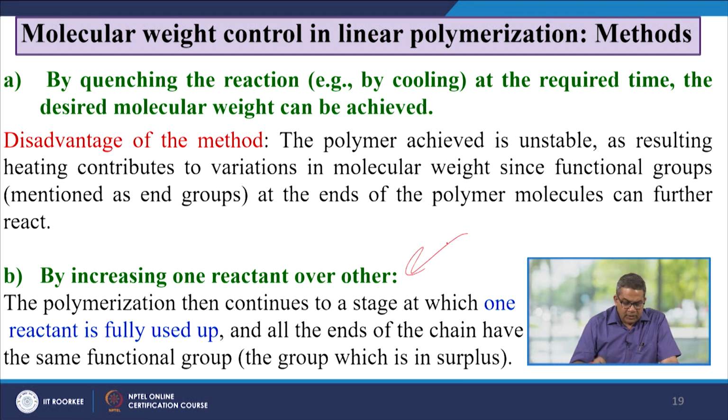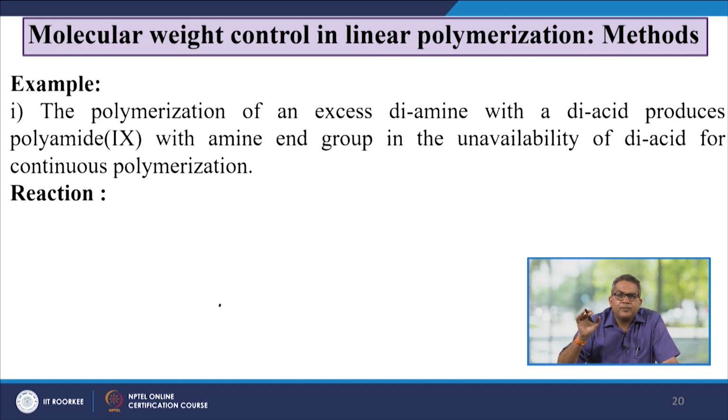Another way is by increasing one reactant over the other. The polymerization then continues to a stage at which one reactant is fully used up and all the ends of the chain have the same functional group, the group which is in surplus.